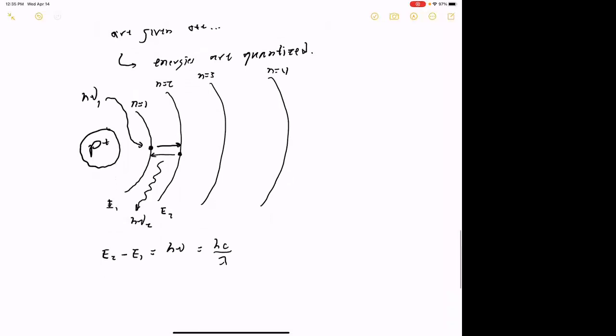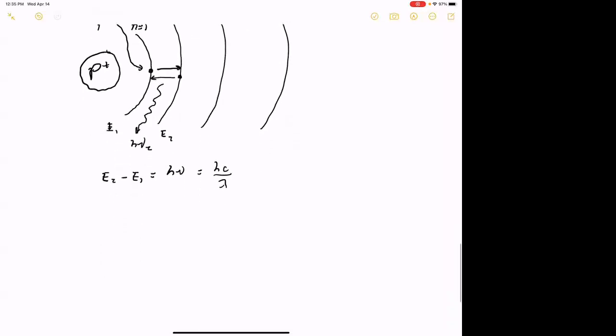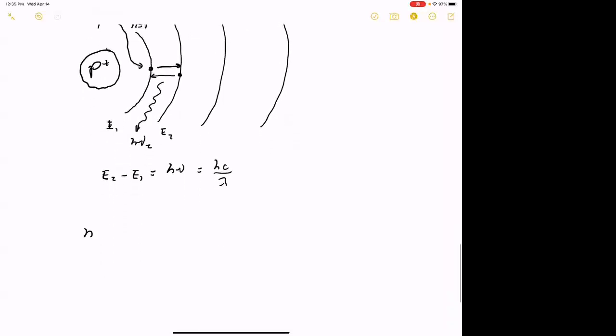So what have we got now? Well, we've got some definitions. As we just said, the n here is the quantum number for a given orbit.